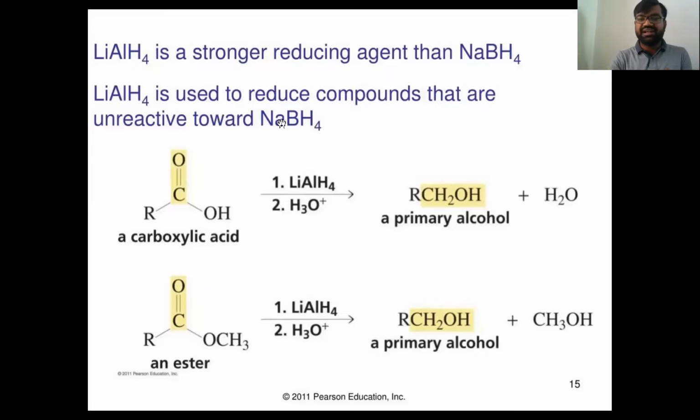When sodium borohydride is not giving the reaction, we can use lithium aluminum hydride. It is a universal reducing agent; it will reduce anything. It can reduce esters, carboxylic acids, even amides.